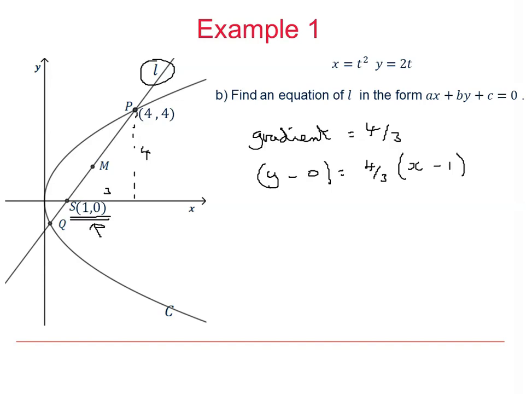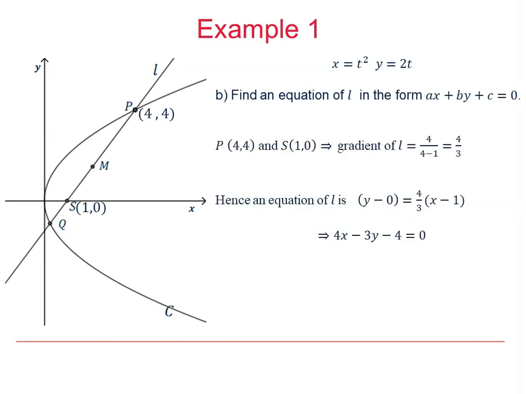If you rearrange that, you will get 4x minus 3y minus 4 equals 0. Here again, it's written out for you, so you can pause the video at this stage and have another look through that.